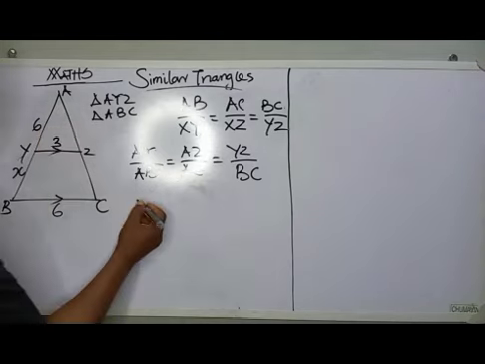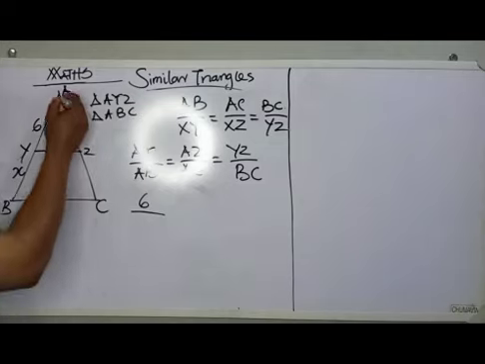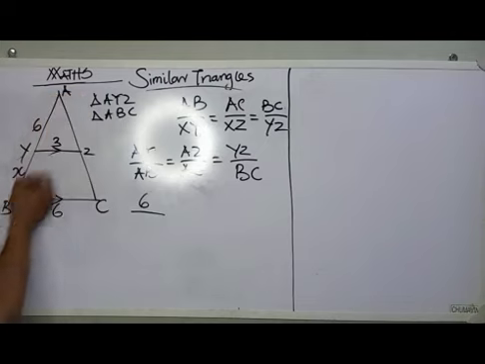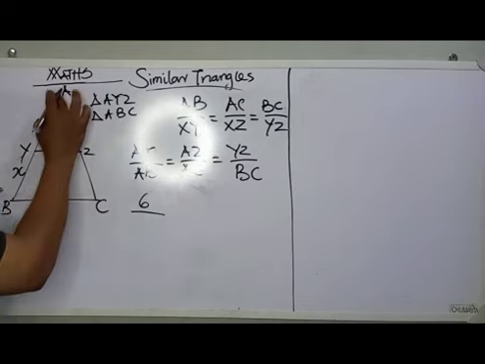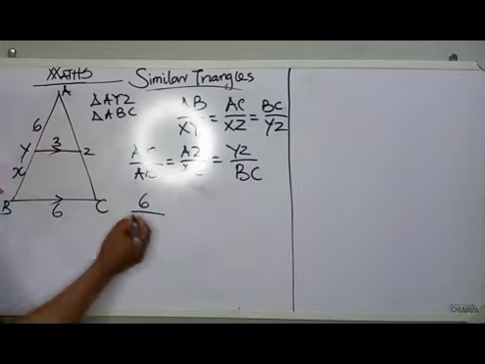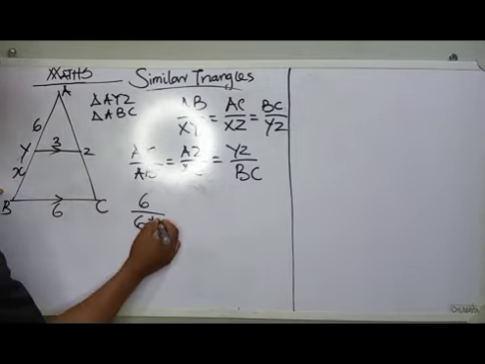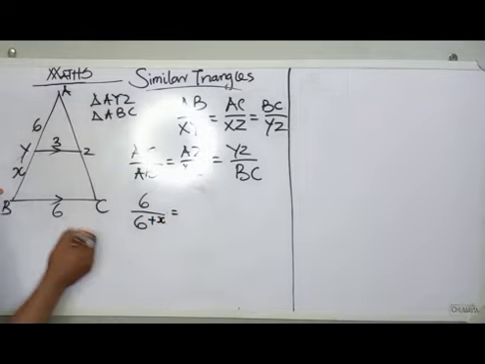Okay, so AY will be what? 6 all over what? AB. AB is going to be the linear dimension from A to B, and that will be the dimension from here to here plus the dimension from here to here. So since we don't know what we have here, it's going to be 6 plus x equals to.